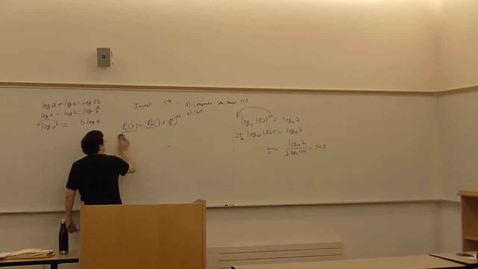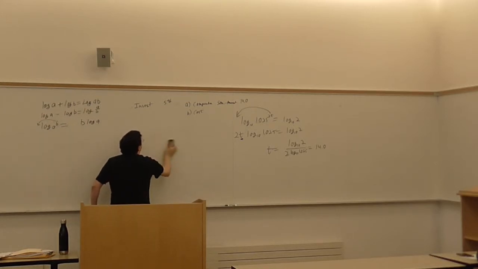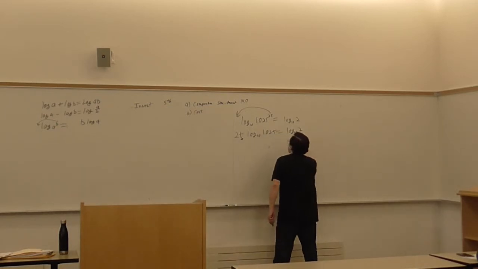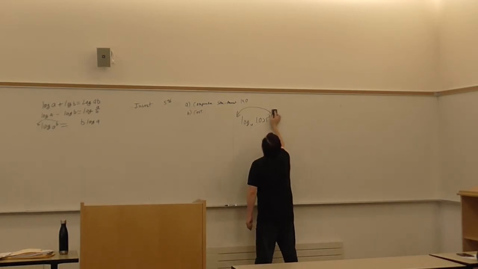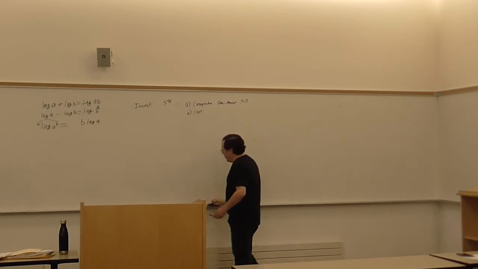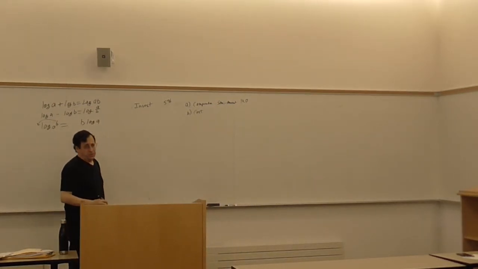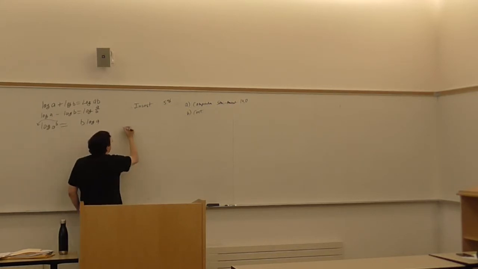But that's not the only problem here. Okay, one more. We want to know the same question, but compounded continuously. So that brings in our friend, the number e, right?